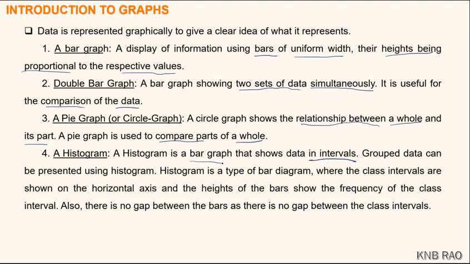Normally grouped data can be represented using a histogram. A histogram is also a type of bar diagram only, where class intervals are shown on the horizontal axis and heights of the bars show the frequency of those class intervals. Okay, children.